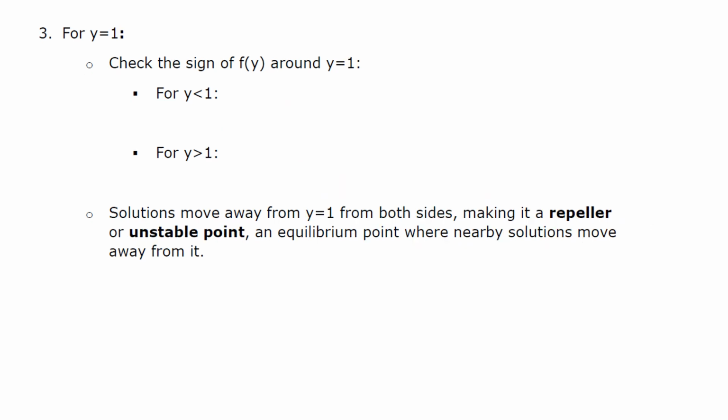Okay? All right. Our last equilibrium point is y equals 1. So let's check the sign of f of y around y equals 1. Let's choose a y that's less than 1. We chose 0.5 previously, so we can use that one again. So f of 1/2 gave us negative 0.625. That means f of y is less than 0, so it's negative.